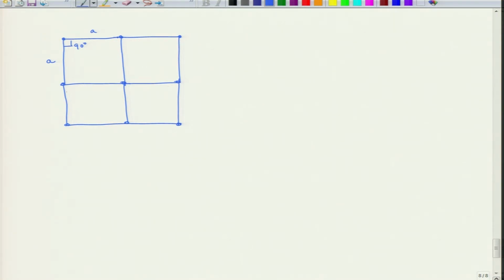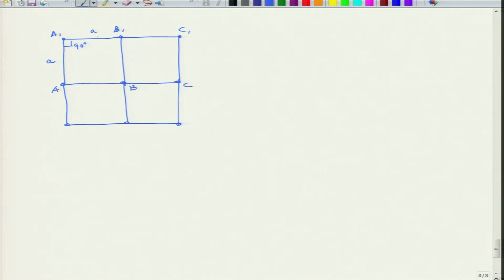We have translation symmetry whether you are at this point A, B, C or A1, B1, C1, because translation symmetry will permit you to have identical neighborhood at each point. So the translation is there.